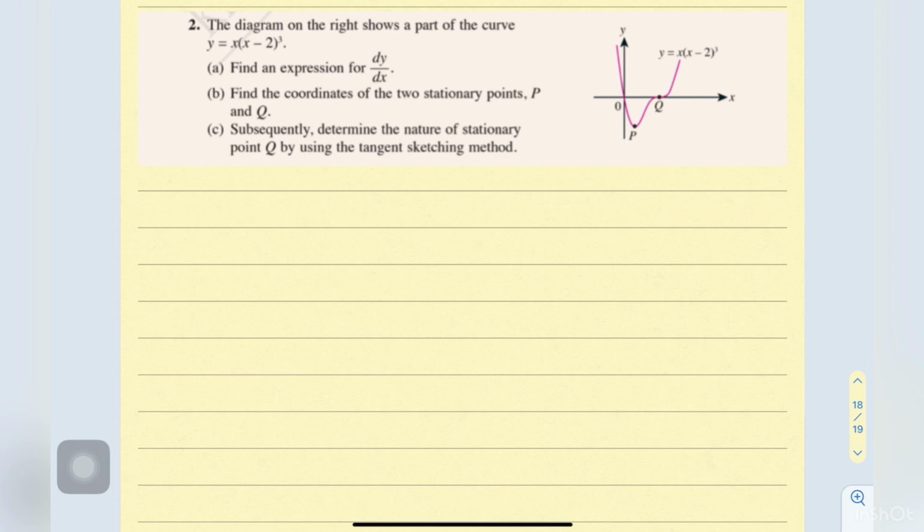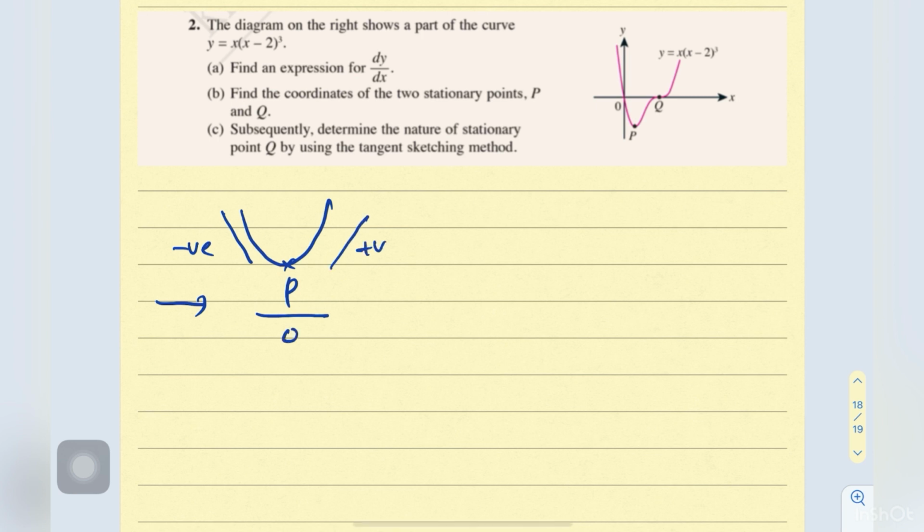If you draw point P, you can see that when x increases, the tangent on the left side has a negative gradient, at point P it is 0, and the right side has a positive gradient.